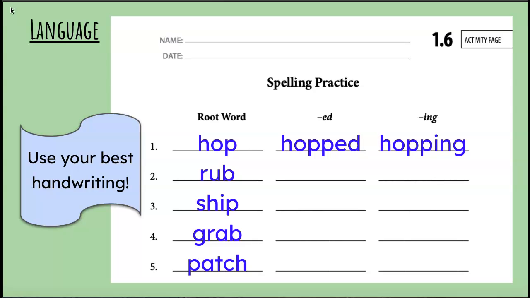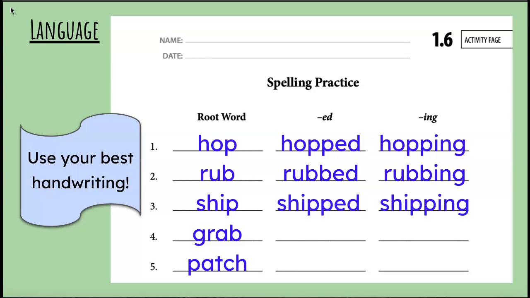And hopping, we also double the consonant. Rub, rubbed, rubbing. Same pattern as hop. Same thing for ship and shipping. Ship, shipped, shipping.